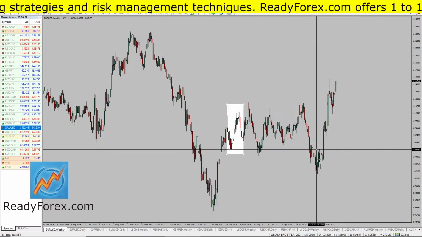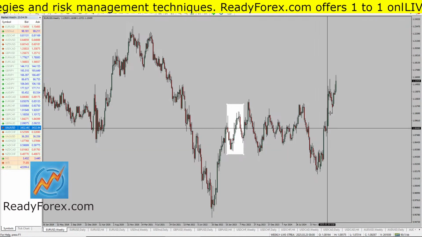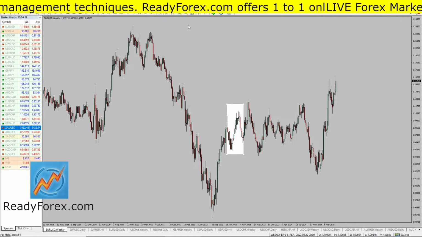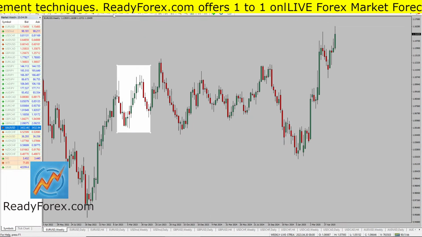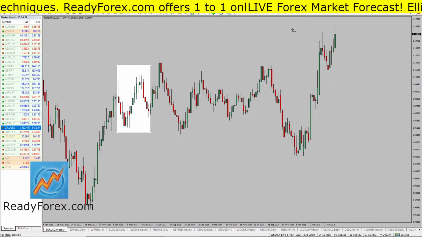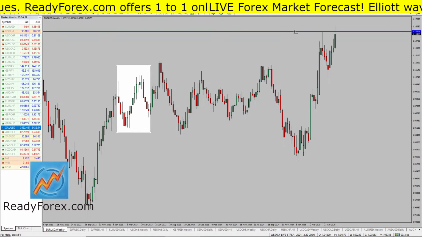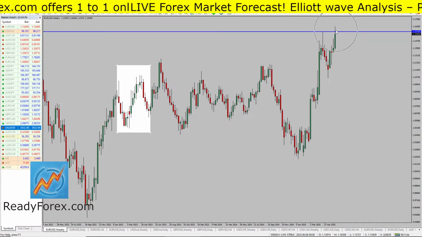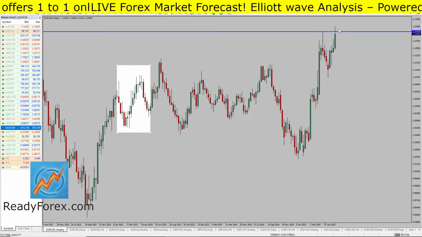Then we got this ABC zigzag. So the same thing is probably going to happen again over here. Currently the market is closed, and if I draw a horizontal trend line, you can see we only got a spike or a tail of a candlestick right up here.